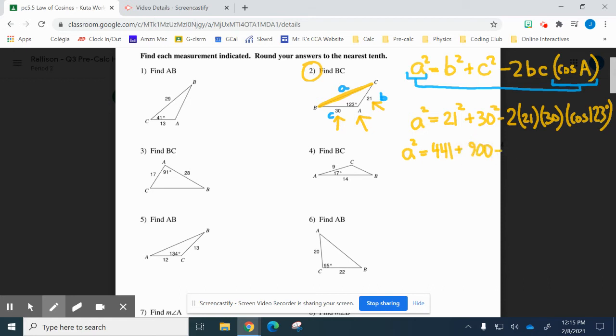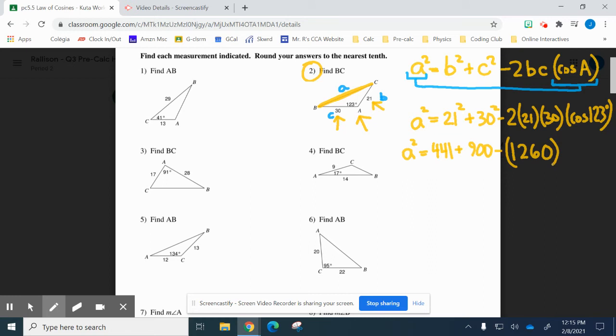And 2 times 21 times 30 equals 1260, minus 1260 times, what's the cosine of 123? Make sure you're in degree mode, unless of course you're not using degrees, but we are.